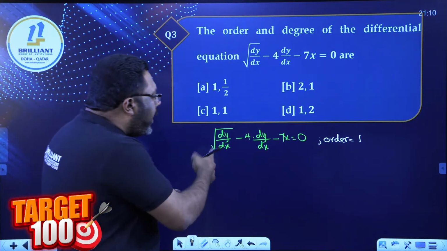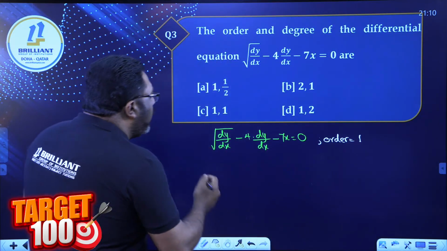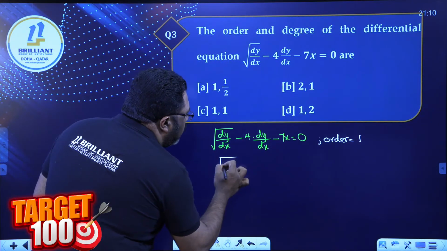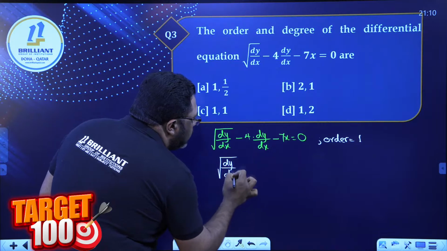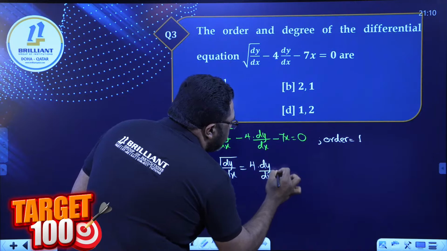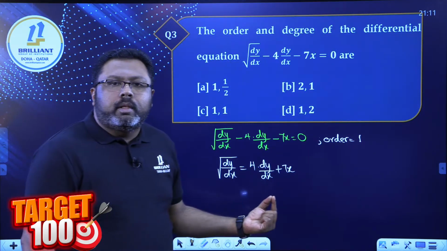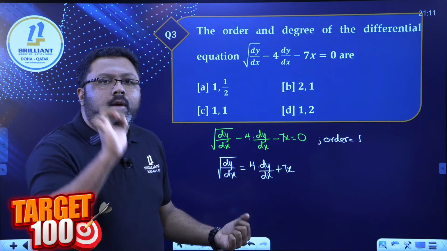Yes, dy by dx is the highest derivative in this expression. Now I'm going to rearrange it. Square root of dy by dx is equal to 4 dy by dx plus 7x. Now I have to get rid of this square root, which is a non-polynomial function.